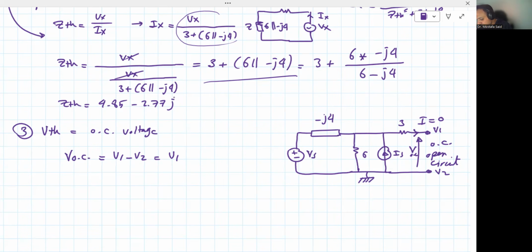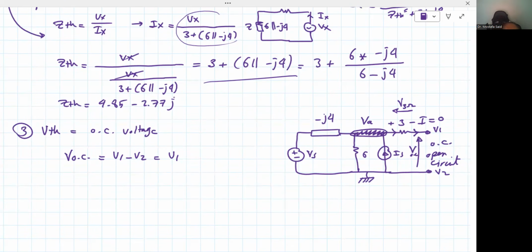Good. No problem. So let's call this node here VA. Call it V3, whatever, it's okay. So what is the voltage across the 3 ohm resistance? We have a current flowing that way equal to 0. The current flows from positive to negative, and the direction of the voltage, call it V3 ohm, is from negative to positive.